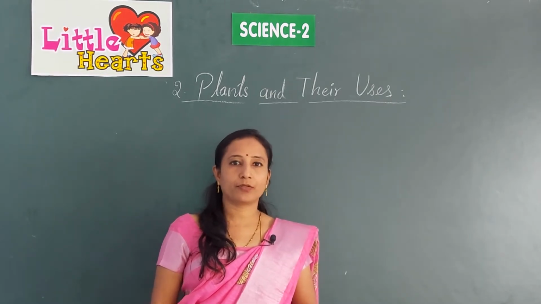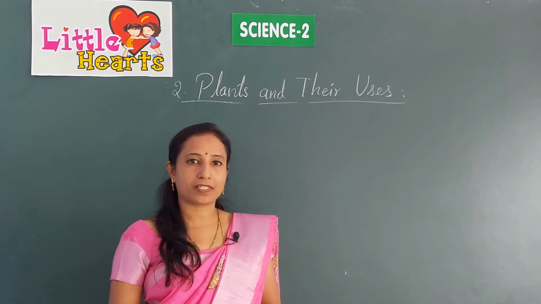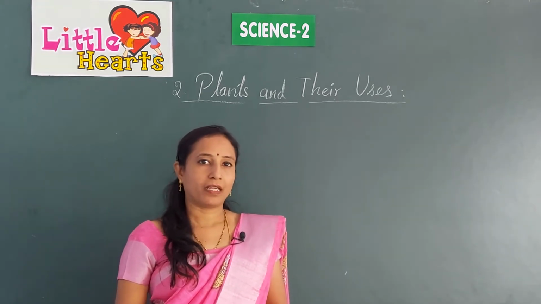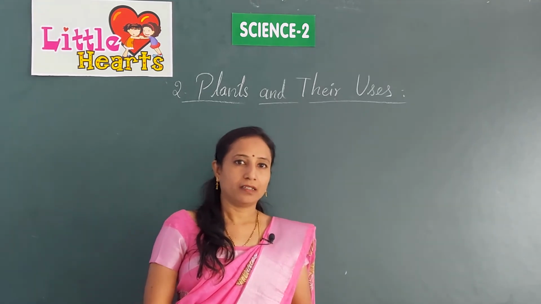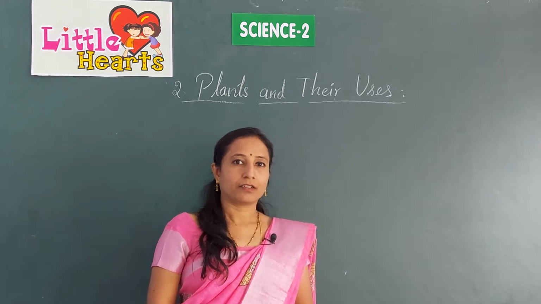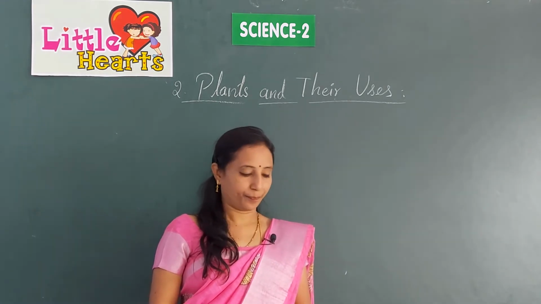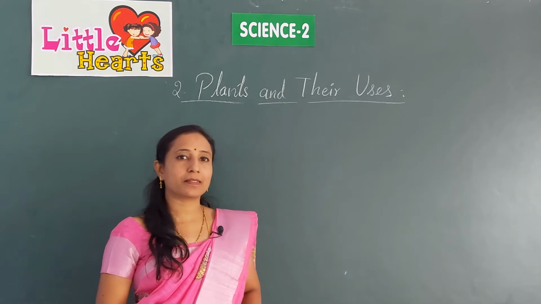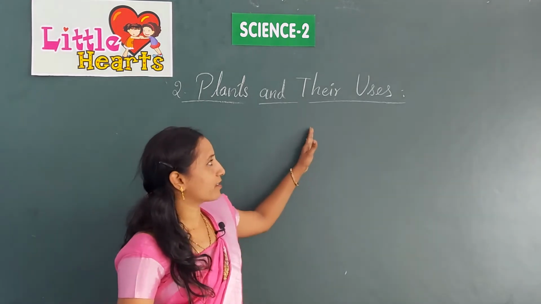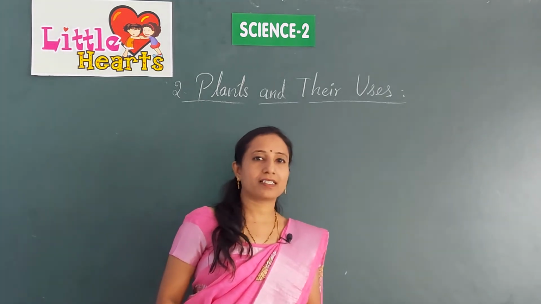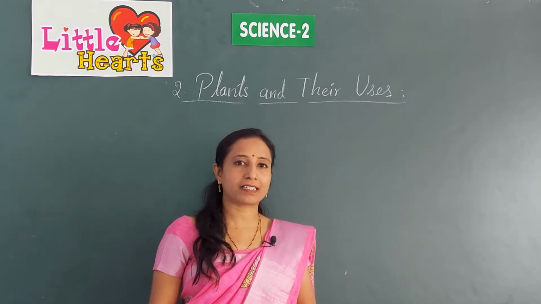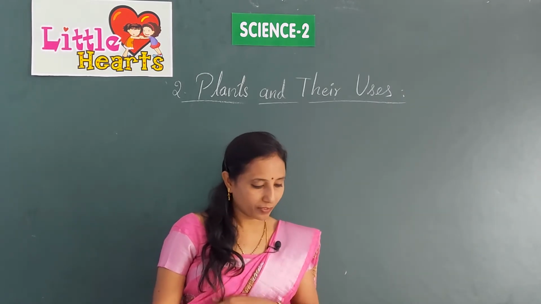Today I am going to take a topic of science from class 2. We are going to deal with lesson 2 from class 2, and the name of the lesson is Plants and Their Uses. In the previous lesson we discussed different kinds of plants.